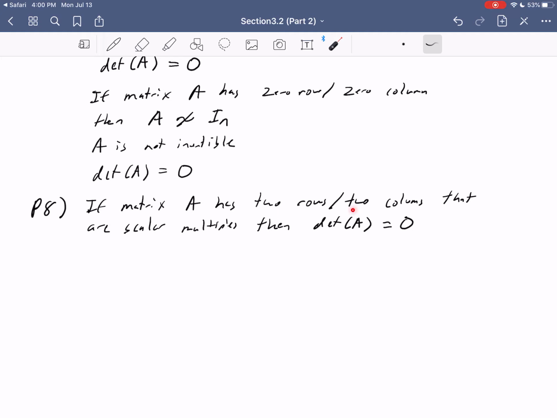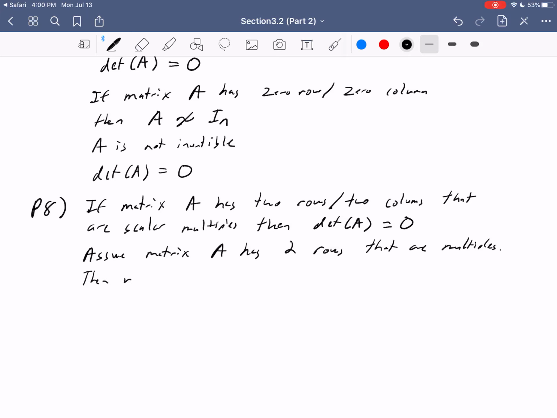To prove the case for columns, you would just use the argument I'm about to use on the transpose and then use property 5. But for now, I'm just going to go ahead and assume matrix A has two rows that are multiples.